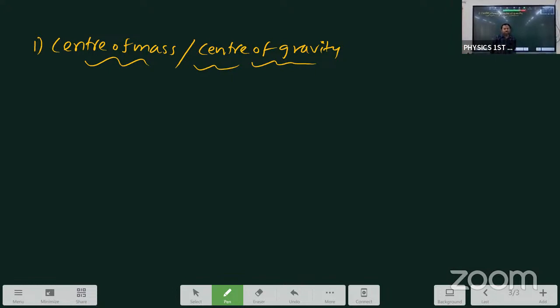Last time 2 questions came from this lesson. After those 2 questions, 3 remain, including a problem. First one is the center of mass and center of gravity: distinguish between center of mass and center of gravity.